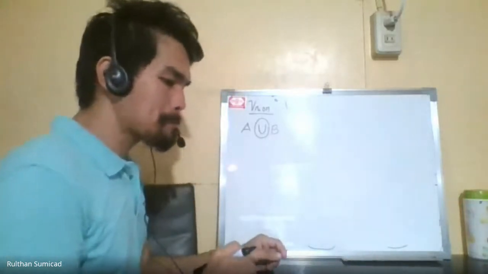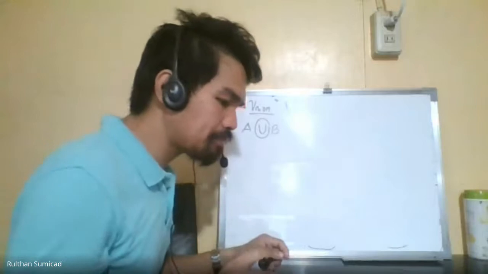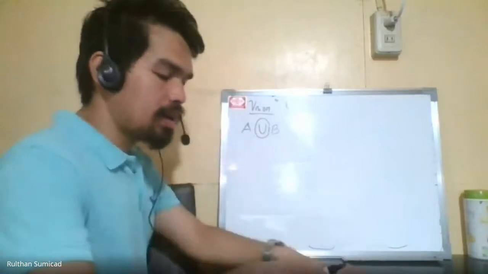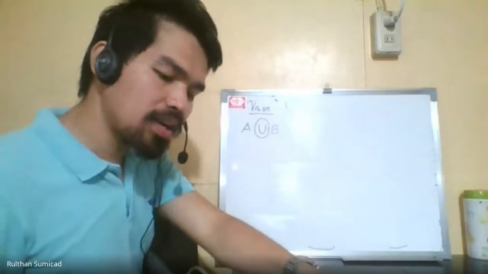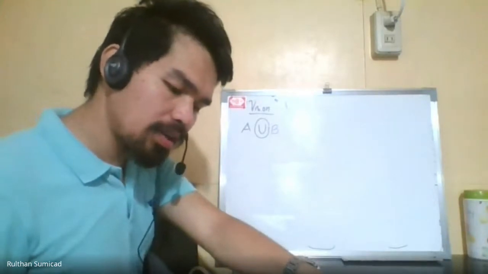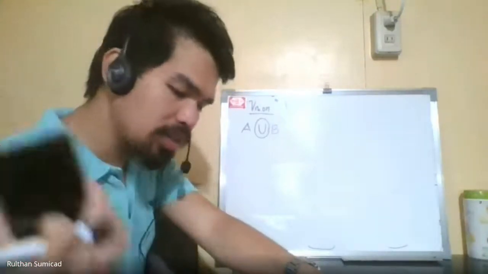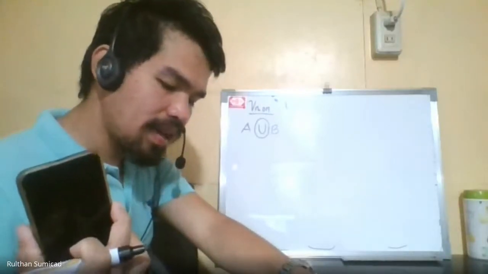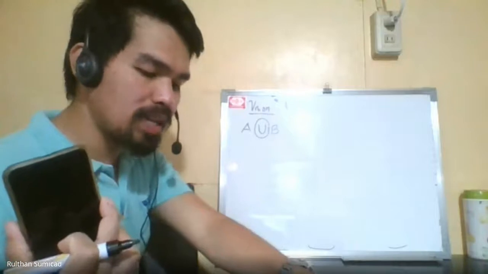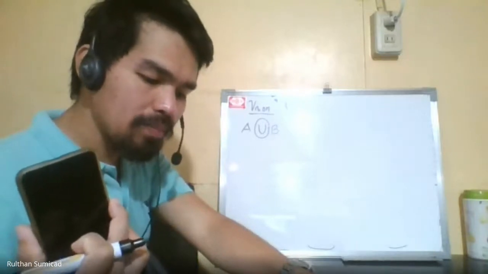Let's read the definition. The operations on sets are union, intersection, complement, difference, and symmetric difference of sets. We will start with the union.